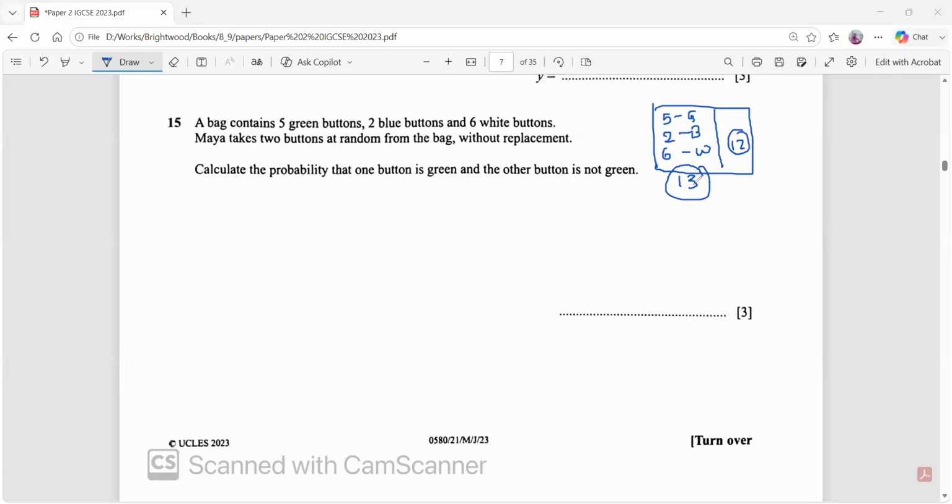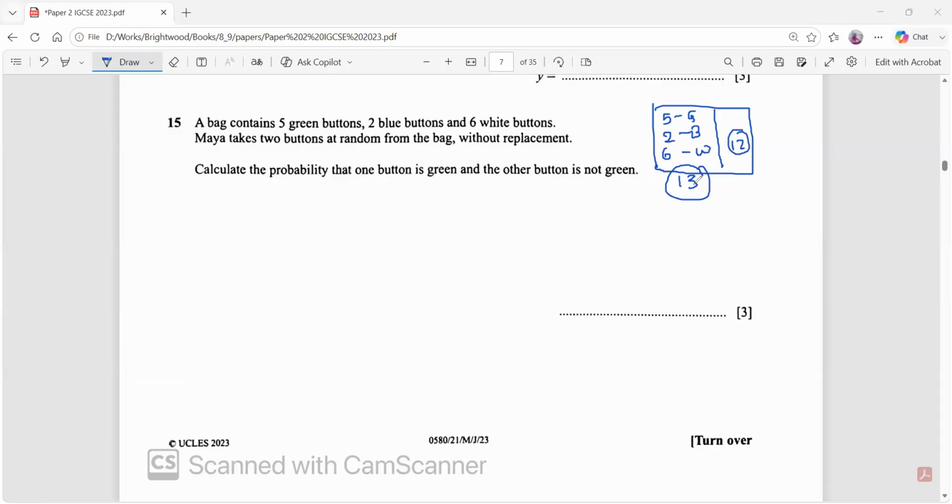You have to consider 13 the first time, and the second time you have to consider the 12 buttons. Now they are asking to calculate the probability that one button is green and the other button is not green.